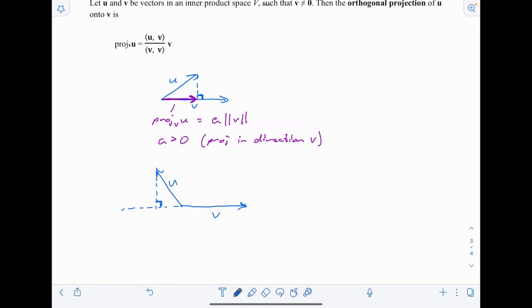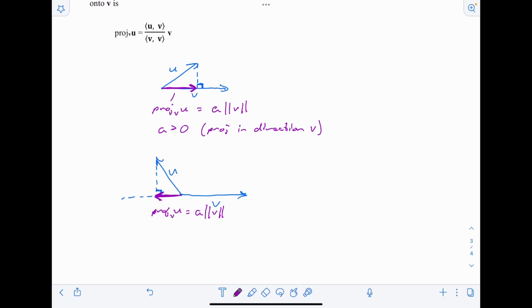So the vector in this case is right here. This is the projection of U onto V. Again, same idea. It's still just a scalar times V, but in this case, because it's now in the opposite direction of V, that tells me that a is negative, that a is less than 0. This means that my projection is in the opposite direction of V.